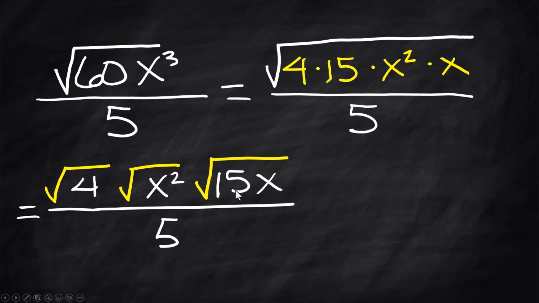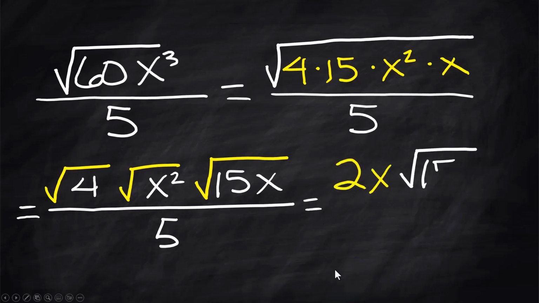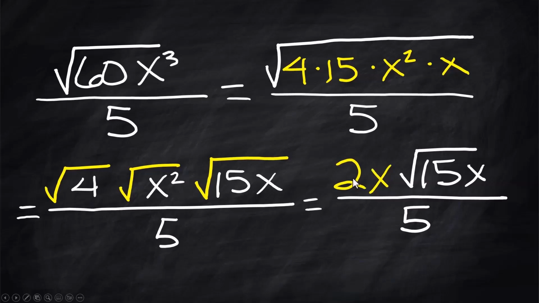And then the leftovers, 15 and x, stayed inside their own square root sign. These two can be simplified. So we end up with the square root of 4, which is 2, the square root of x squared, which is just x, and that is 15x that stays inside all over 5. And that is your final answer.